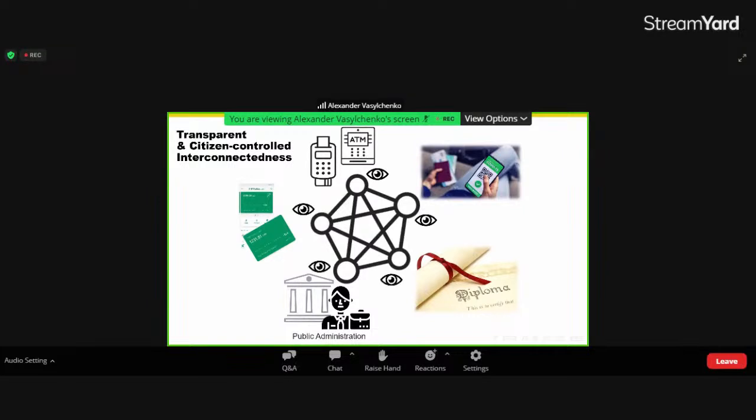And we want to have, as citizens, and we actually have legal rights to have, a good overview of what data is stored where and for what purposes it is used. And if the data is exchanged, we want it to be exchanged in a secure and transparent manner.